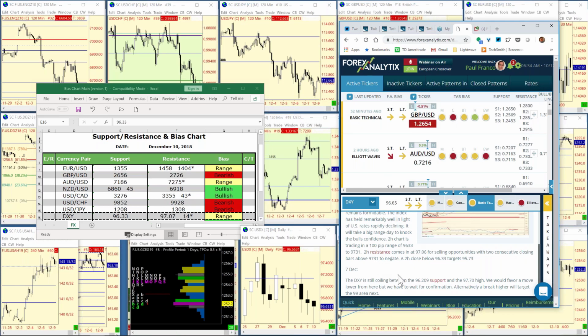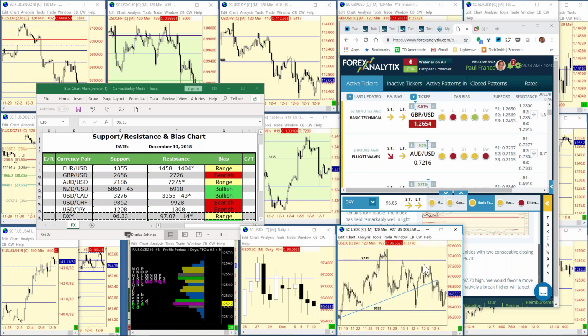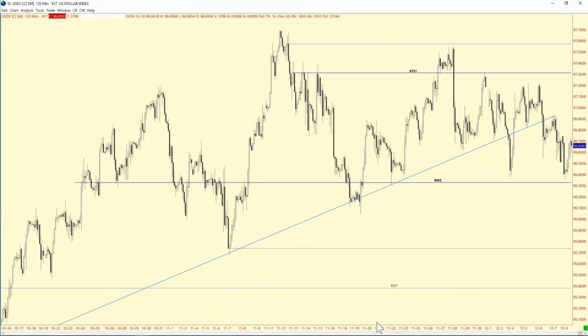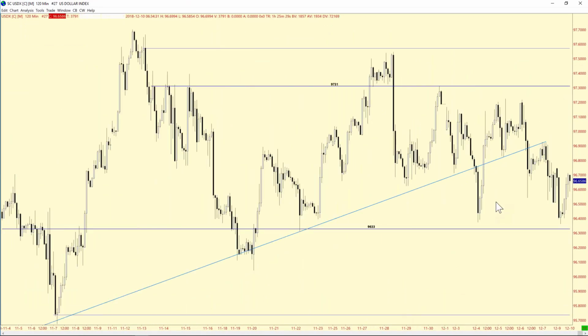So let's go back. See right there? There's 97.06. Now you can make the case that, if I sell against 96.84, hasn't that been a huge area? Yes, it has. How about 96.95 or 90?